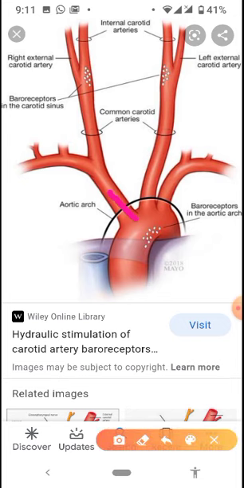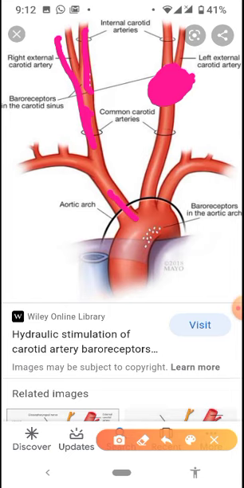Before the bifurcation of the common carotid artery into the internal and external carotid artery, some dilation is present, and this dilation is there because a cluster of nerves, the glossopharyngeal nerves, are present. Nerve endings of the glossopharyngeal nerve can be seen in the carotid sinus.